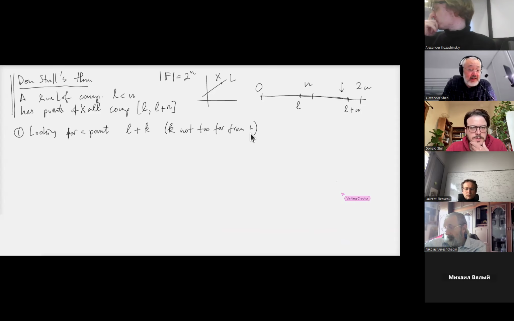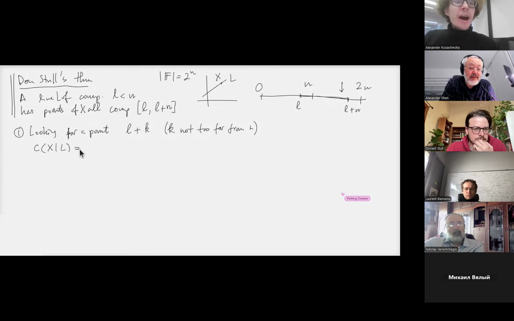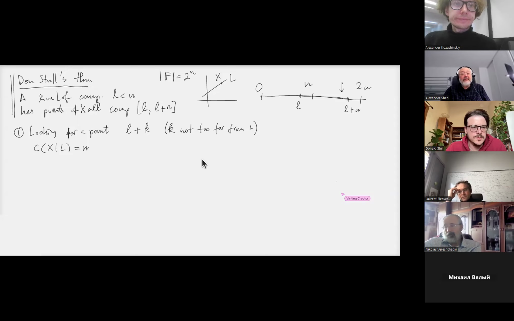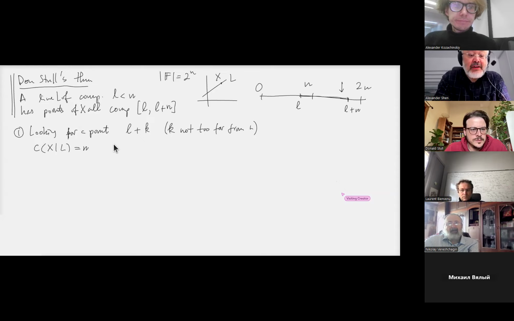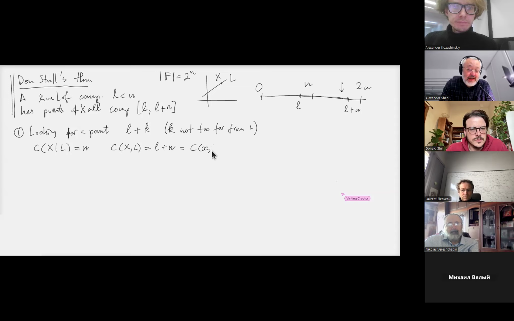This is exactly like before. Let's take a point which is independent of L, or its first coordinate is independent of L. Then the complexity of the pair X, L is indeed L plus n, which is the same as the complexity of the first coordinate and L, by the way.